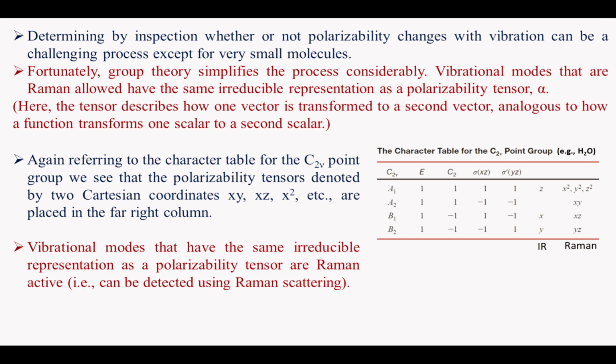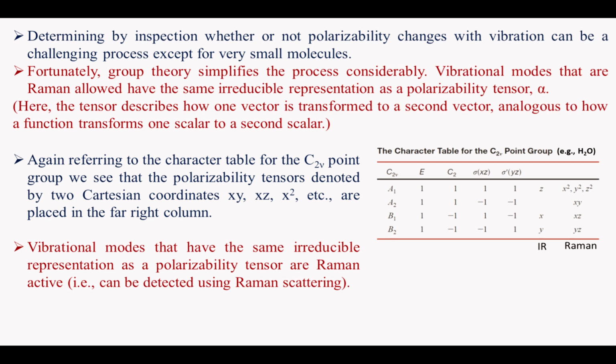This is just to tell that whether a molecule will have Raman active or IR active vibrations can be found from the character table. This is the character table of a C2V molecule, and water is the example.